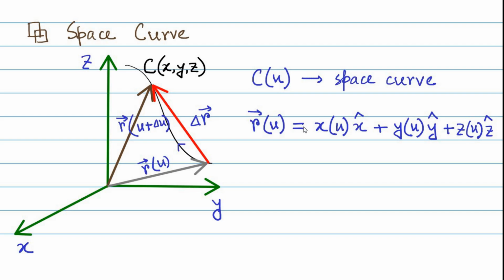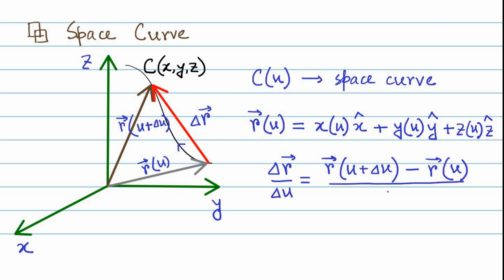So what we can do is, like before, we can find the difference vector, delta r divided by delta u, like here. And by definition, we'll have delta r over delta u equal to r of u plus delta u, minus r of u, divided by delta u, of course.